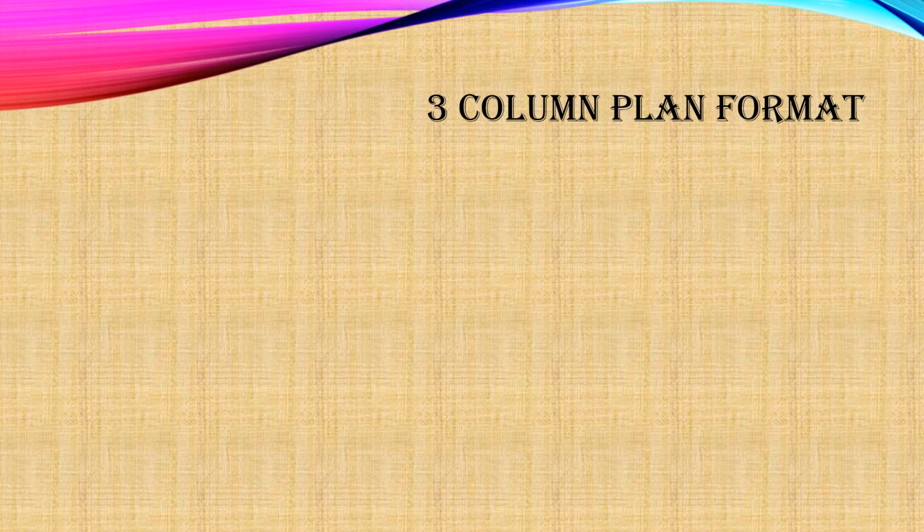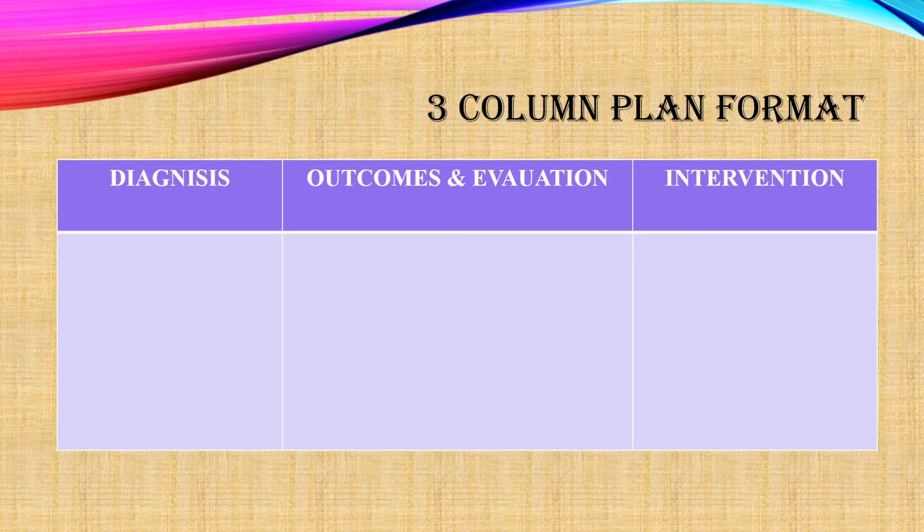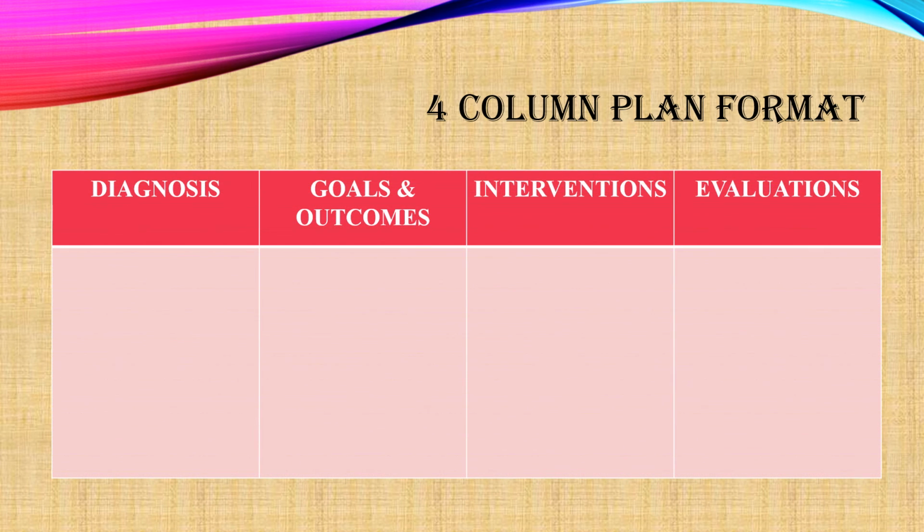A three-column plan format appears like this, where it contains diagnosis, outcomes, and evaluation together in one column and the intervention in a separate column. The four-column plan format appears like this: the diagnosis, goals and outcomes, interventions, and evaluations.